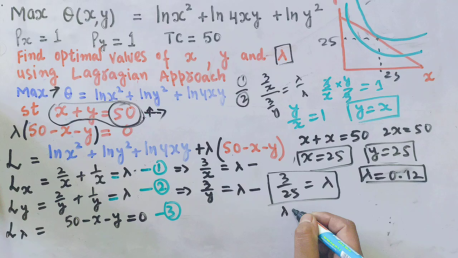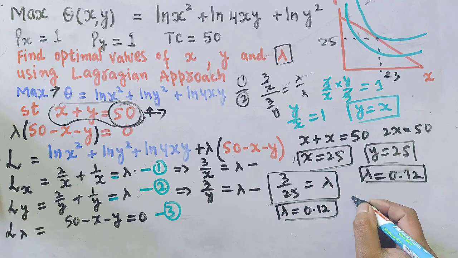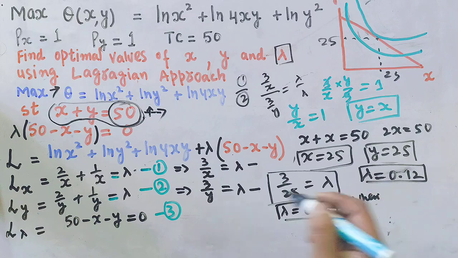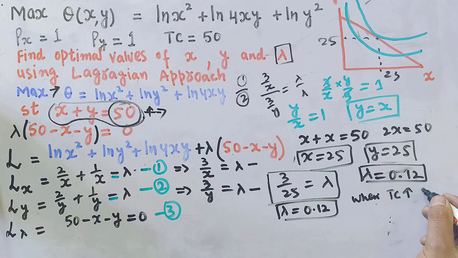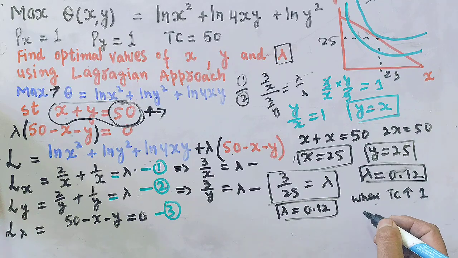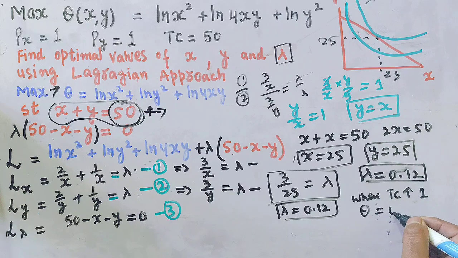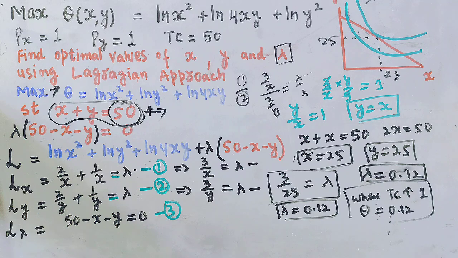Okay, so lambda is equal to 0.12 simply tells us when cost in this case increases by 1, when total cost increases by $1, that means output will increase by $0.12. I hope this is the interpretation of the lambda.